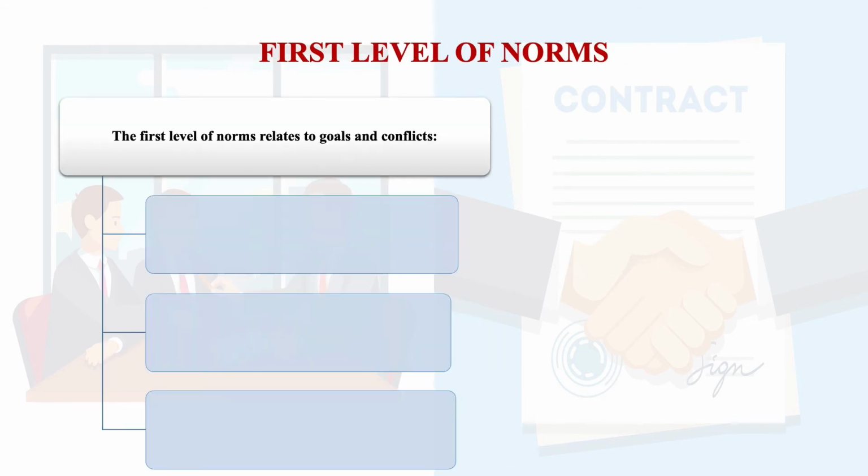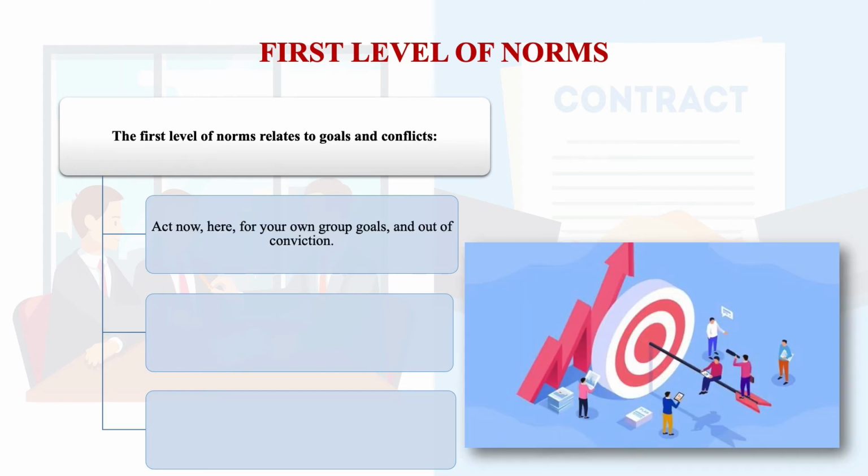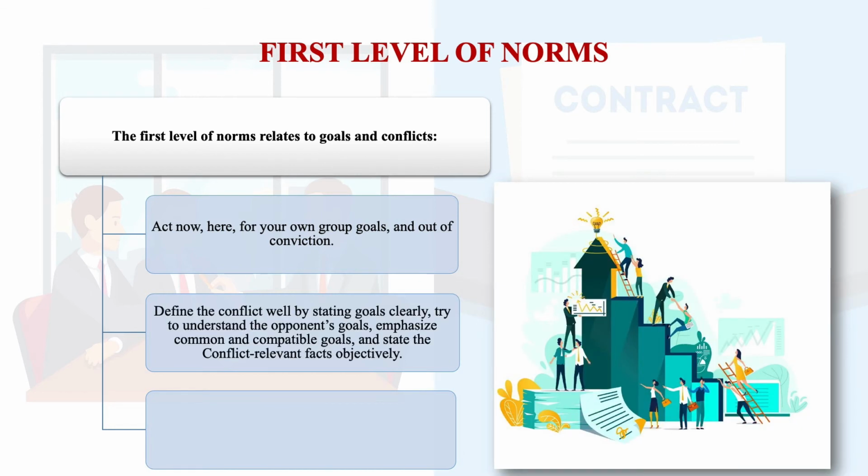Now, talking about the first level of norms in detail, the first level of norms relates to goals and conflicts, which talks about acting now, here, for your own group goals and out of conviction. Define the conflict well by stating goals clearly.